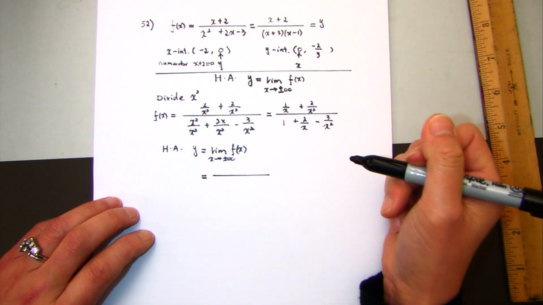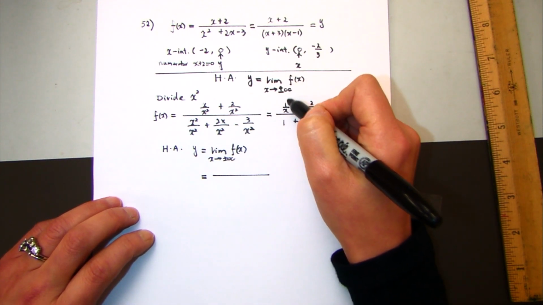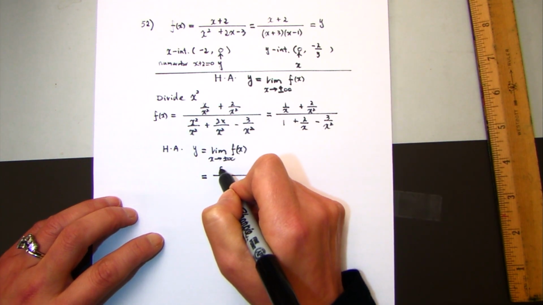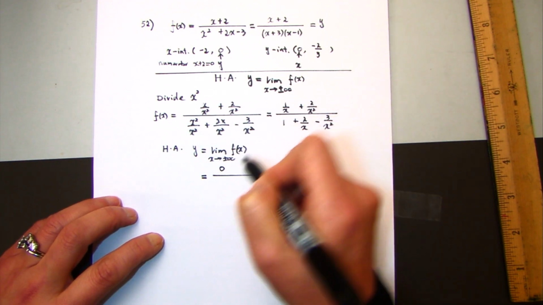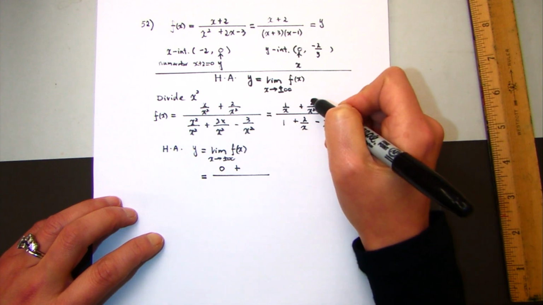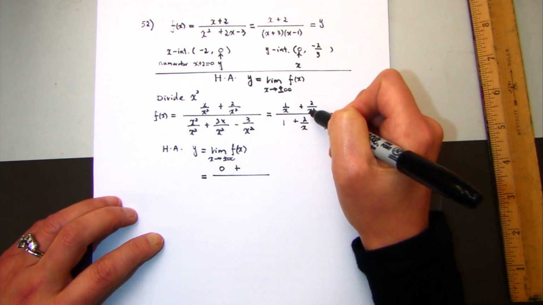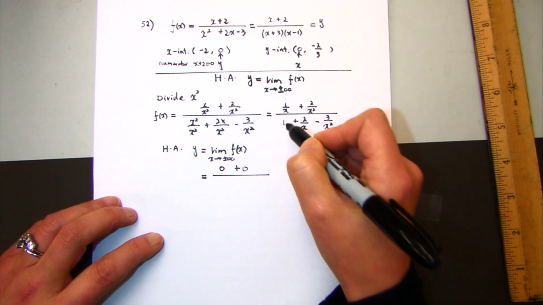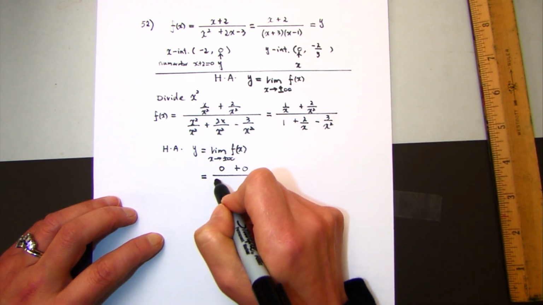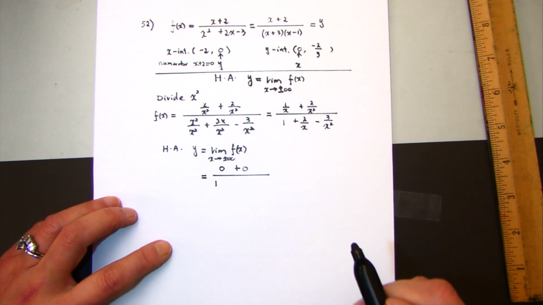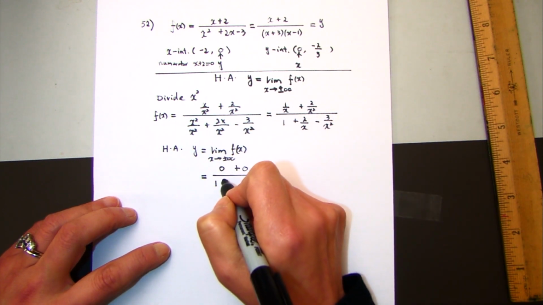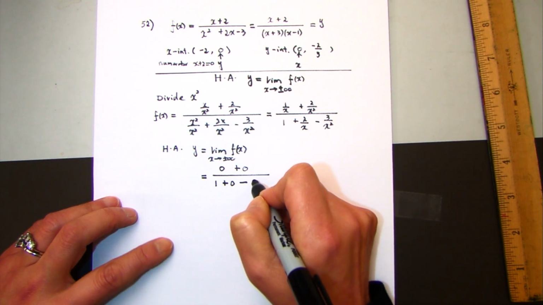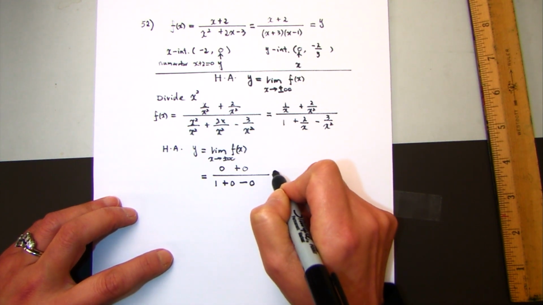Ready? 1 constant divided by a gigantic number is close to 0, plus 2 divided by a gigantic number squared is close to 0. 1 is a constant, x has no impact on it. By the same token, 2 divided by a huge number and 3 divided by a huge number give 0, so the result is 0.